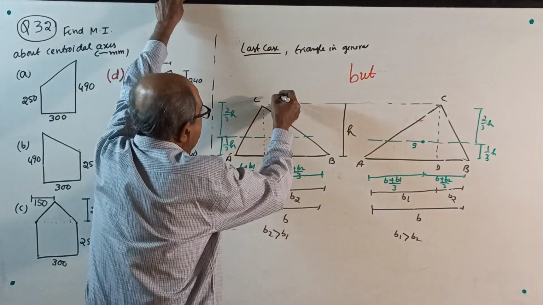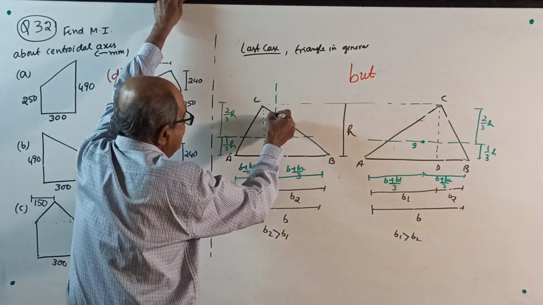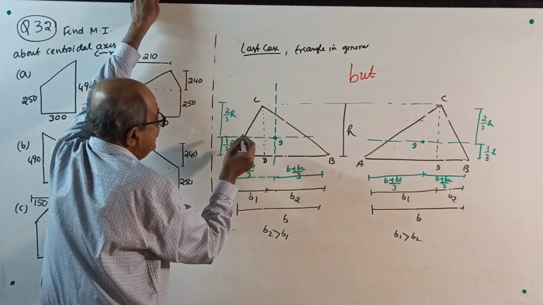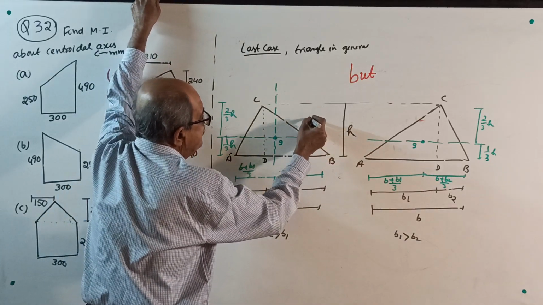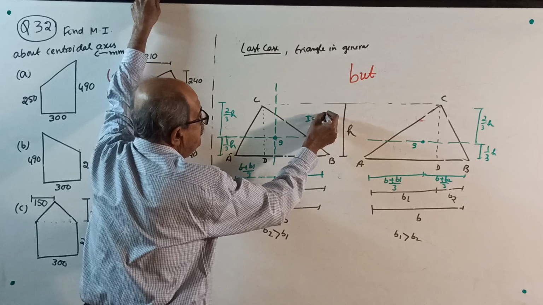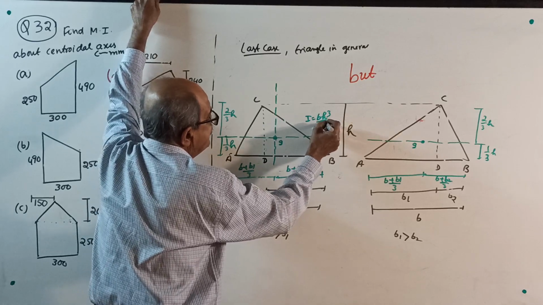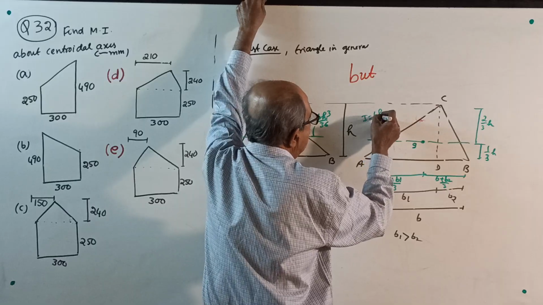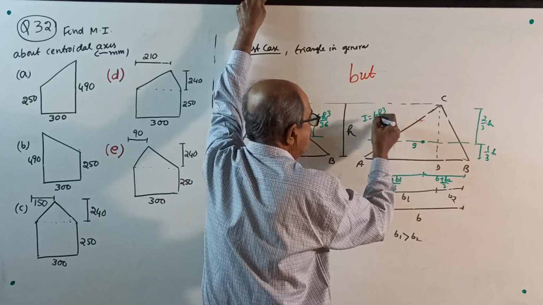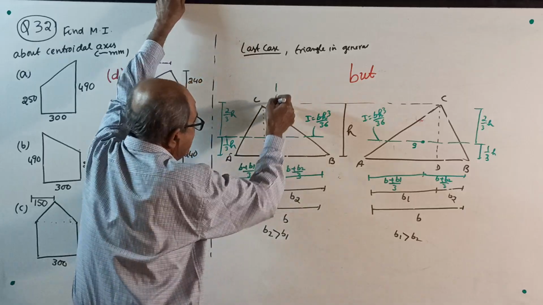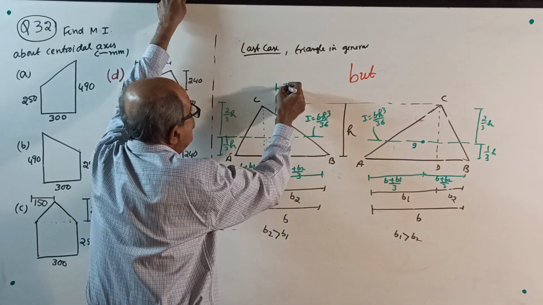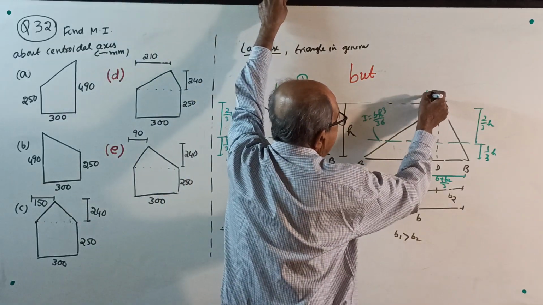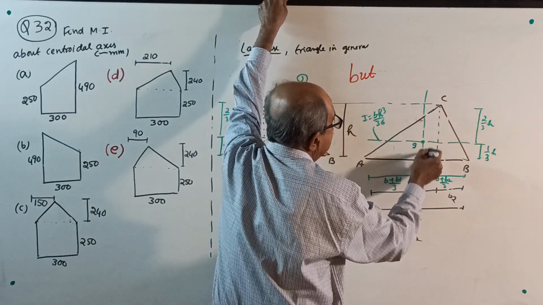If you locate the centroidal axis that way, see, if you want I about this axis, there is no problem. It is BH^3/36. Here also, I about this axis is BH^3/36, no problem. But if you locate the centroidal axis here, I about this axis, question mark.